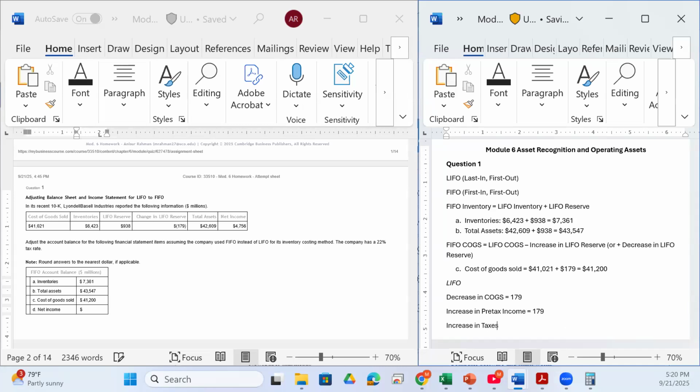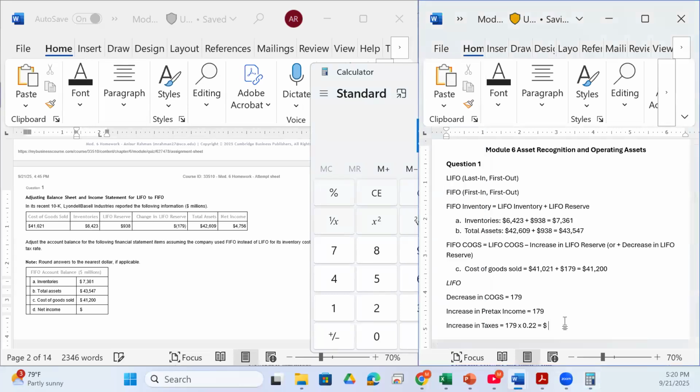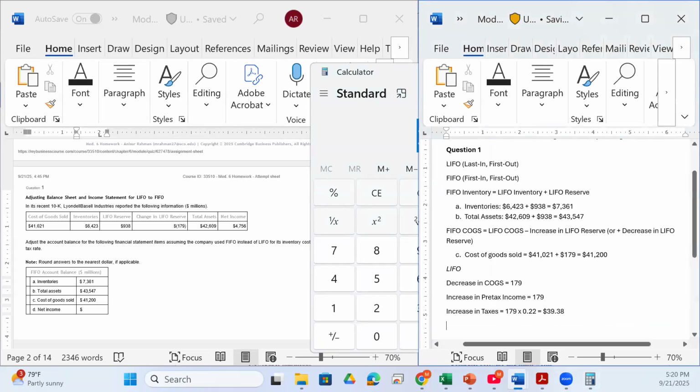Increase in taxes will be the pre-tax income times our tax rate, which is 22%. So 22% times 179 is 39.38, right? So that is the increase in taxes.